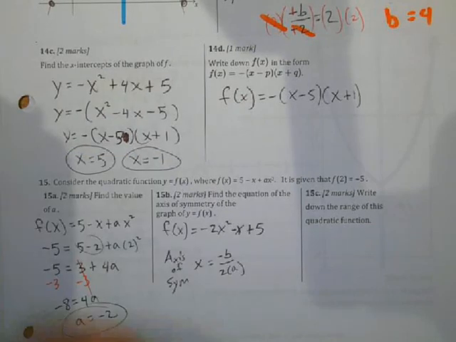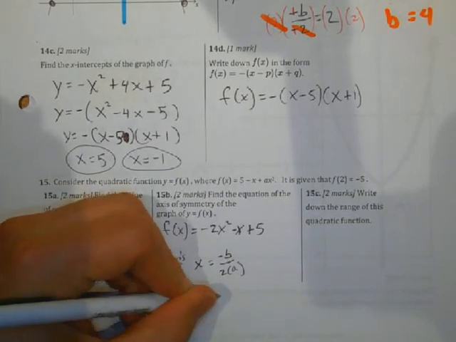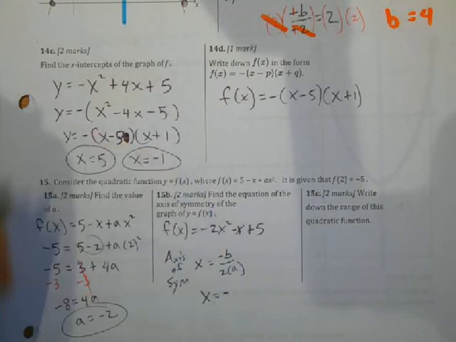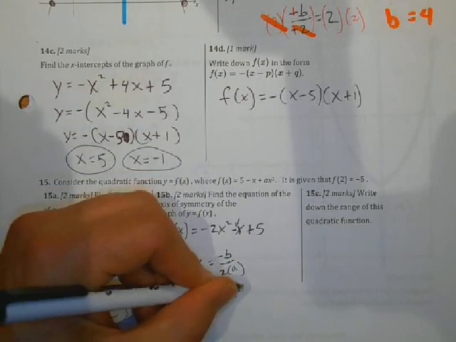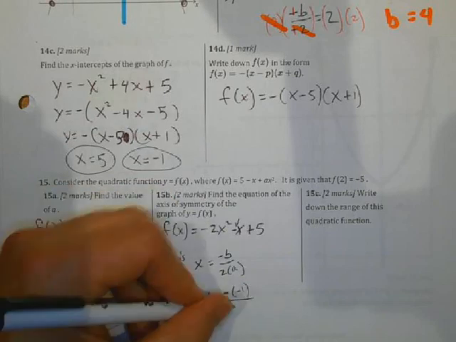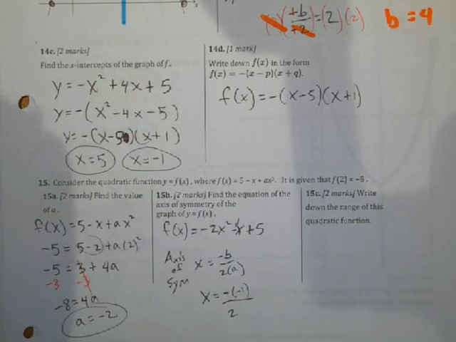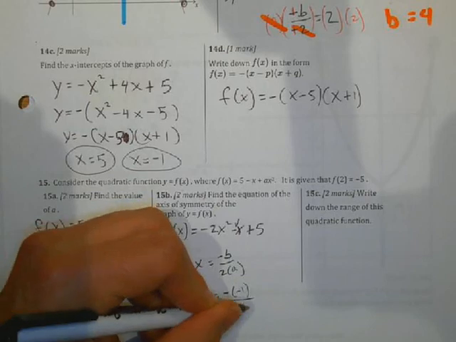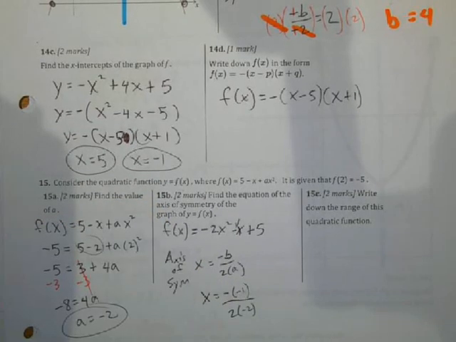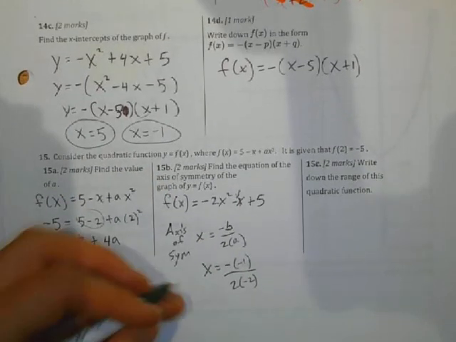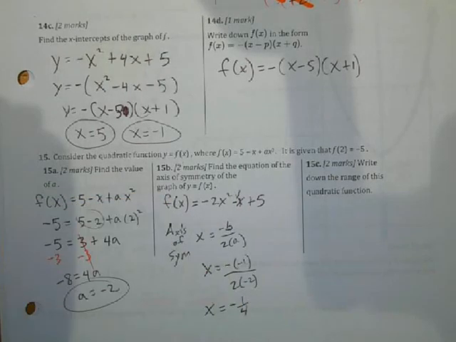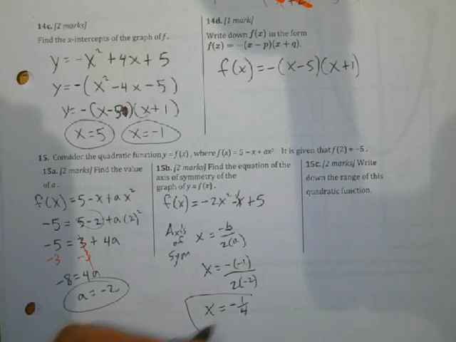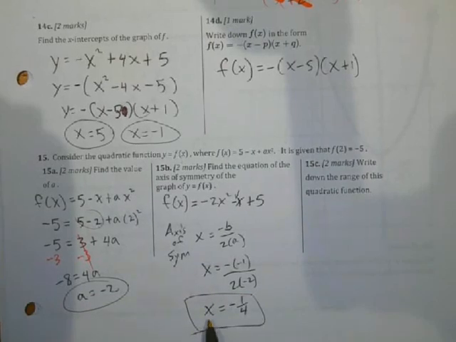So it's going to be x equals negative, and this is negative 1, and 2 times, and a is negative 2. So my axis of symmetry is x equals negative 1/4. Don't forget x equals when you're doing axis of symmetry.